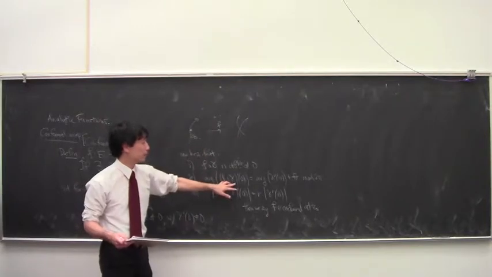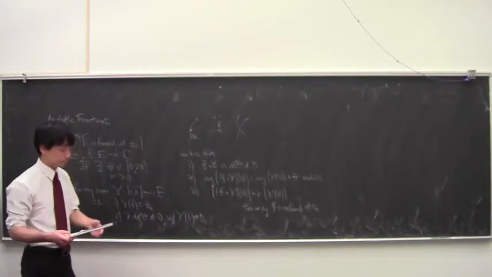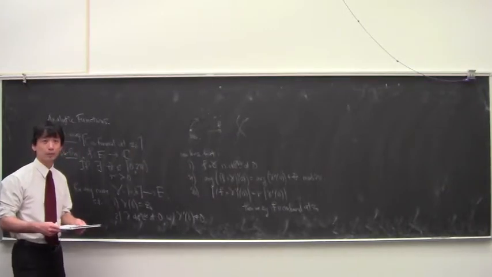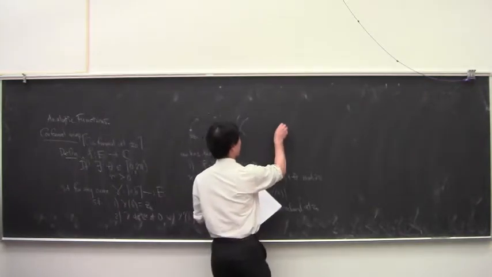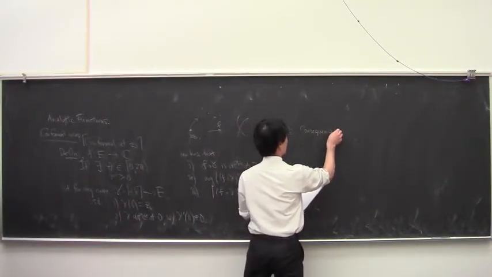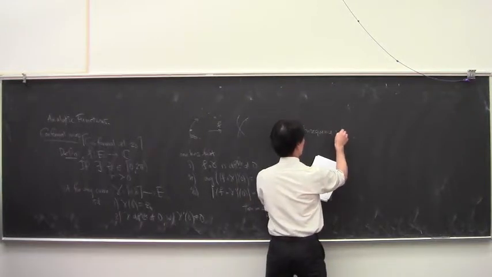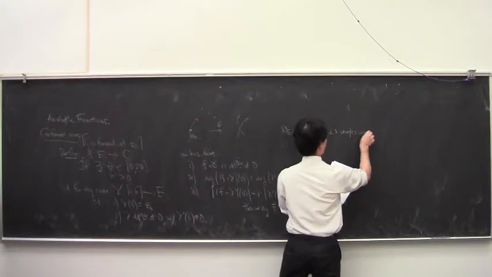Okay, that's what this is saying. So this is the definition of a conformal map. A consequence of the definition is that angles are preserved.